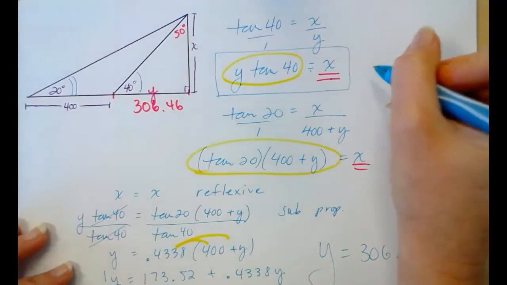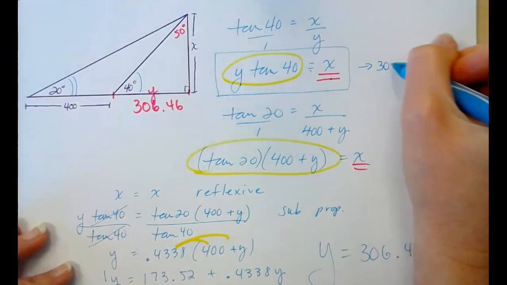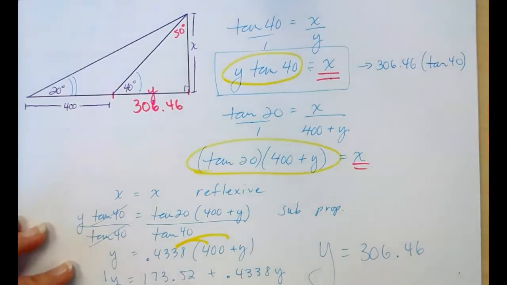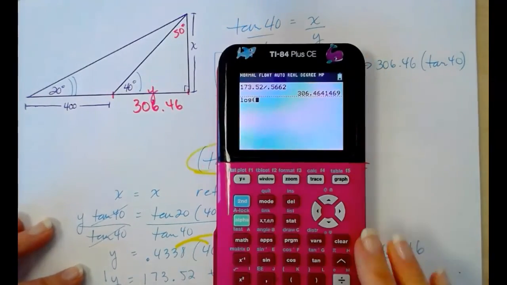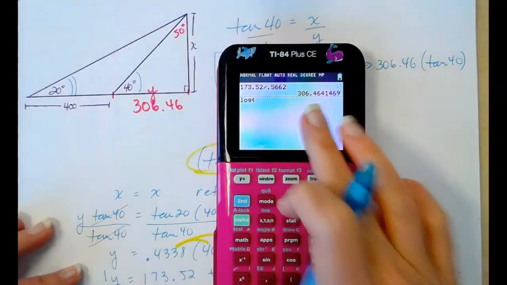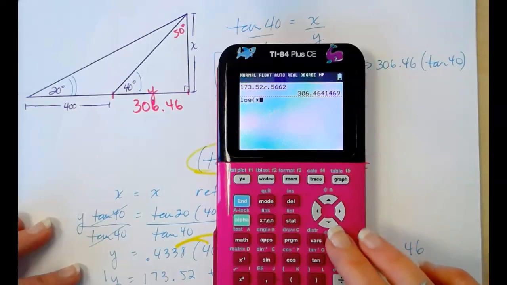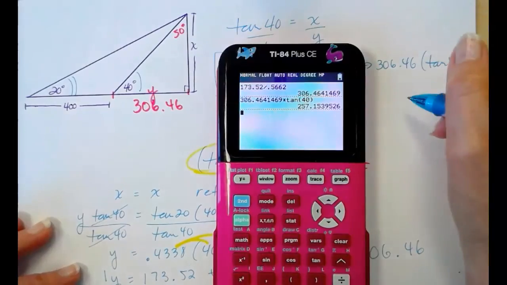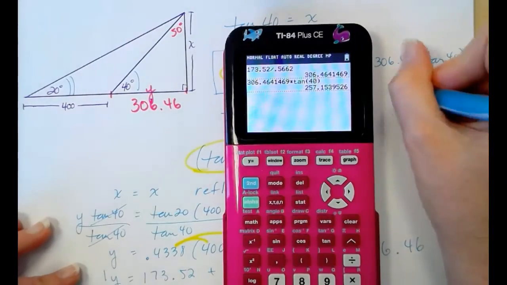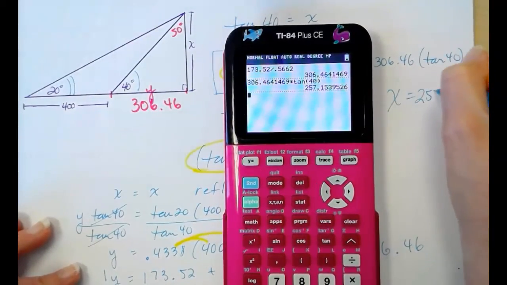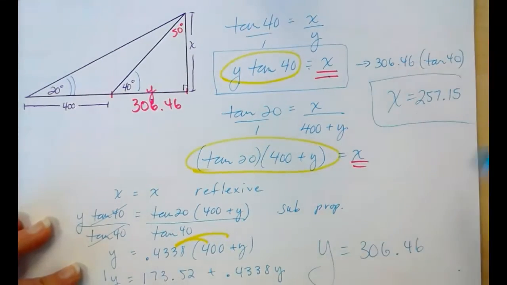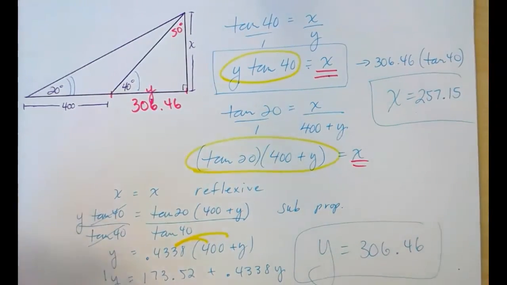And then let's plug it in right here. 306.46 times tangent of 40 is equal to x. Back to our calculator. 306 is already in my calculator times tangent of 40. And we get our x value. x equals 257.15. There's our x and there's our y.